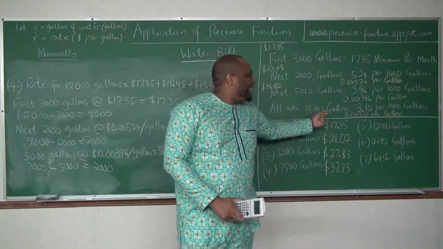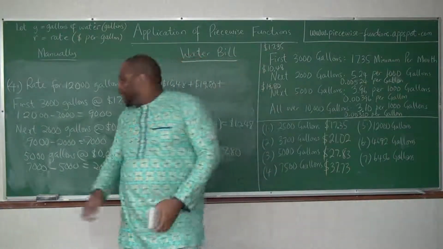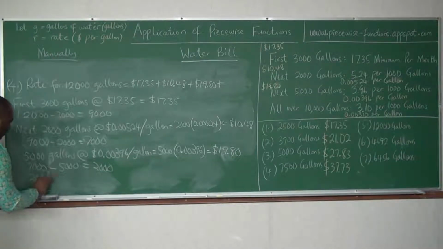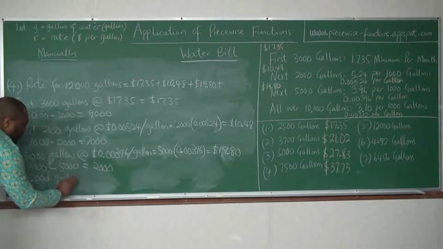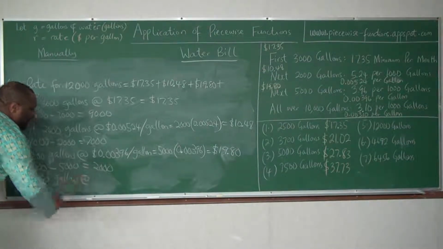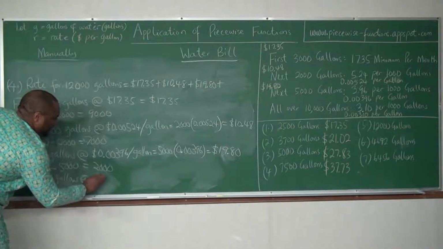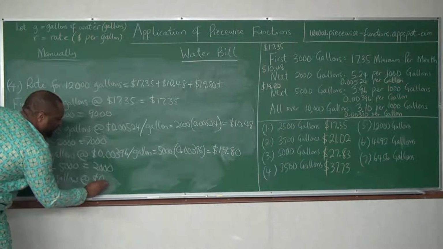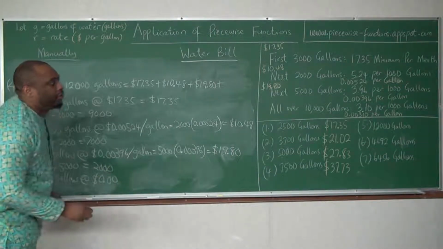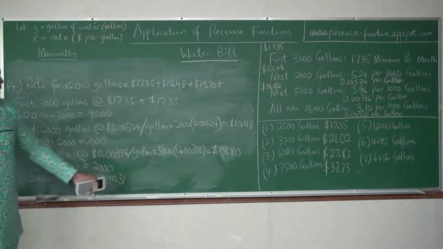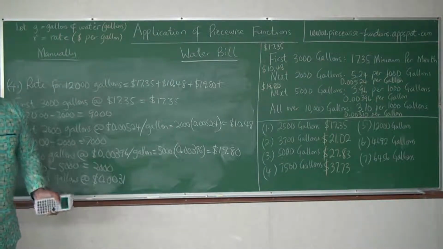So all over 10,000 gallons is this. So we now do 2,000 gallons at 0.0031. You mustn't put 3; if you want to put 0.00310, that's fine.